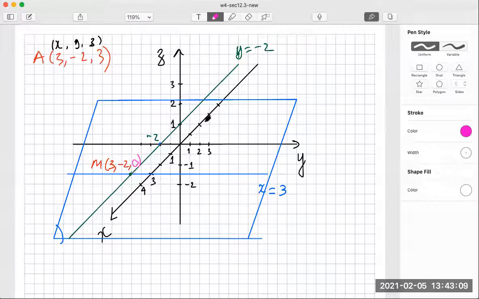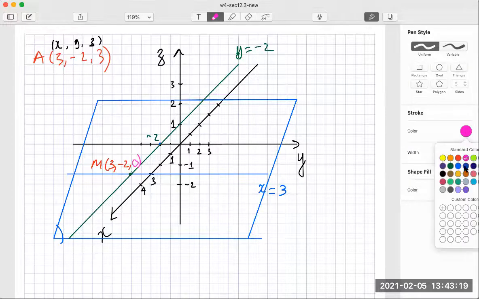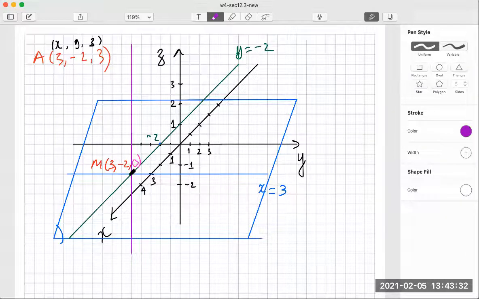Then the line that goes through this point M, parallel to the OZ coordinate, how does it look? It will be parallel to OZ, right? It will be straight up, going through this point.